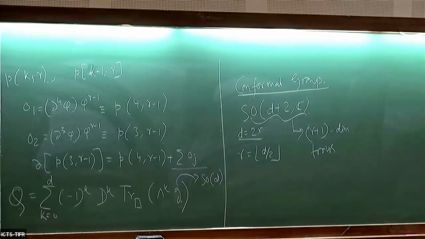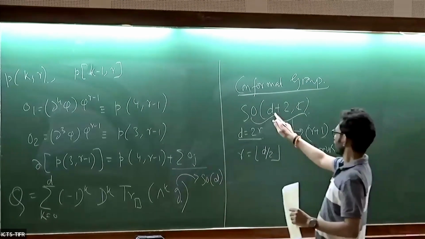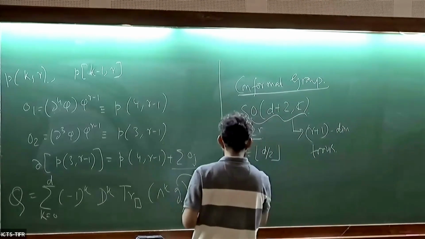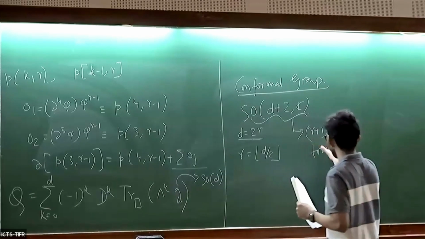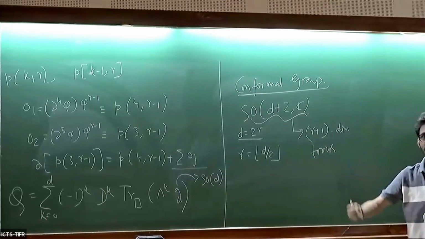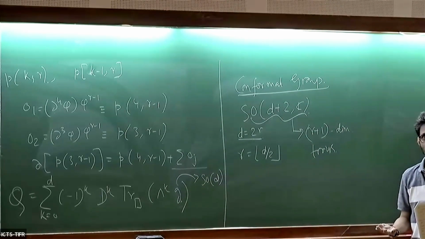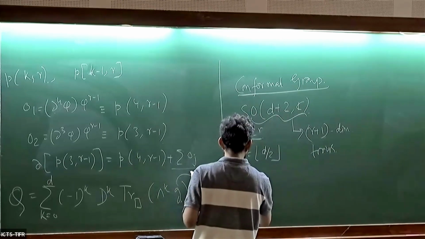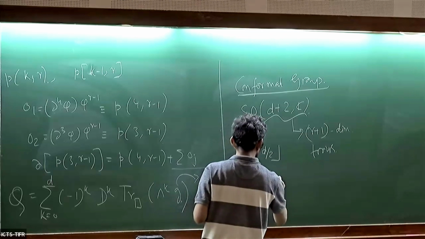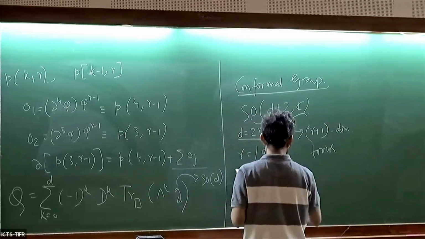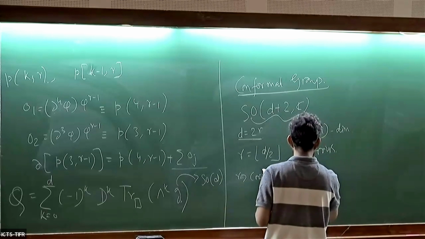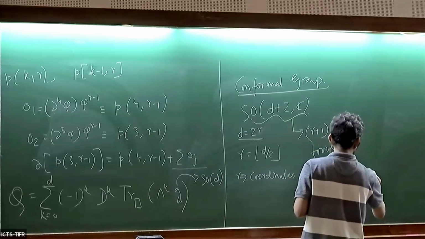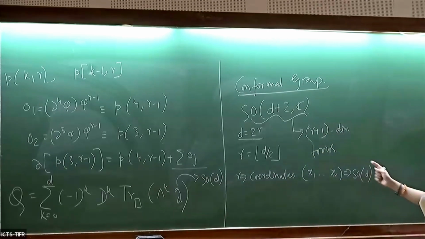Now, when I am writing SOD plus 2, the reason is that this R plus 1 dimensional torus will have some torus coordinates, right? So these R coordinates, which I can write as x1 to xr, describe your SOD.